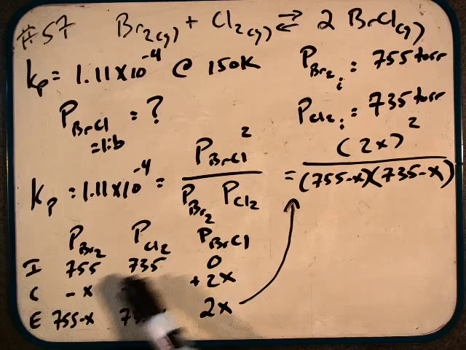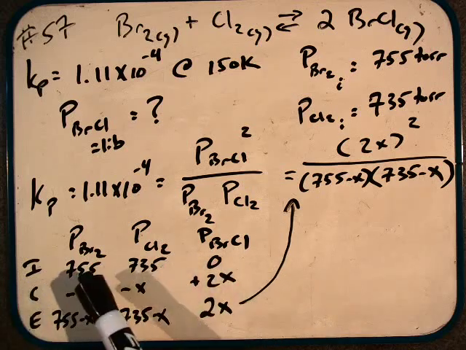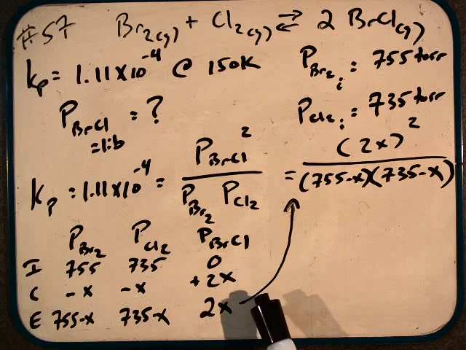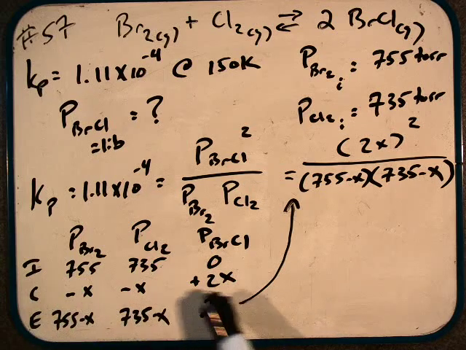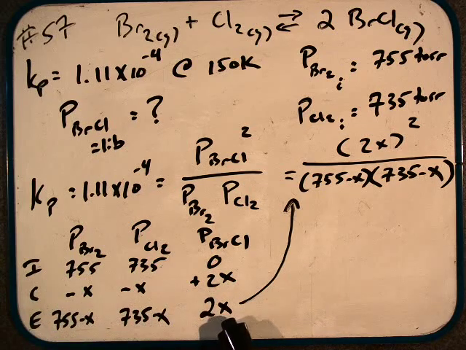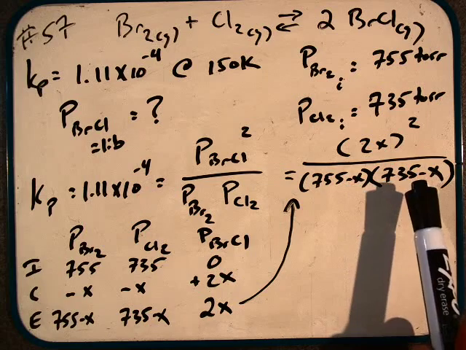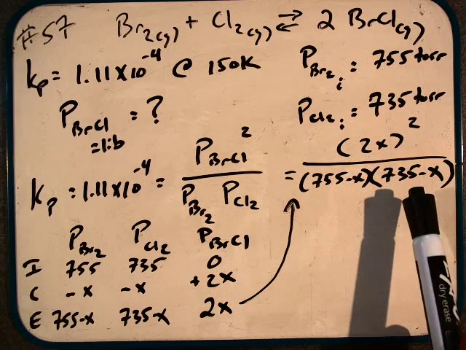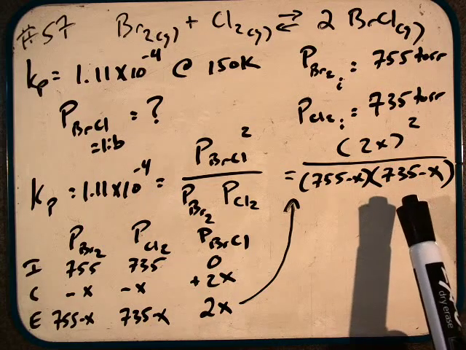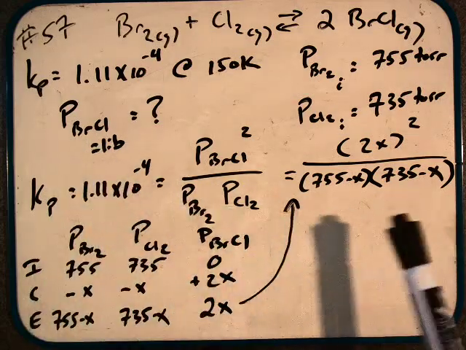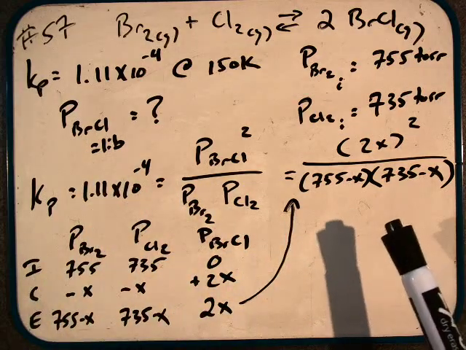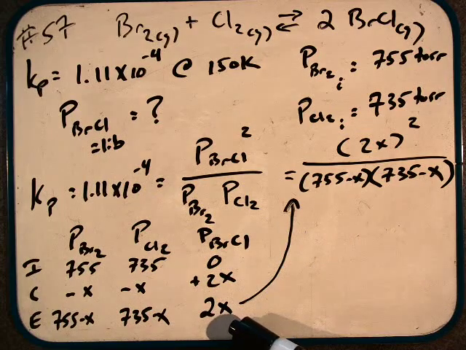So we took our initial set of pressures, we looked at the change, and now we substituted in what would happen at equilibrium as a result of that change. We then substituted those equilibrium expressions into the actual equilibrium equation. And so what we need to do now, in order to figure out the pressure of BrCl, is figure out what x actually is.